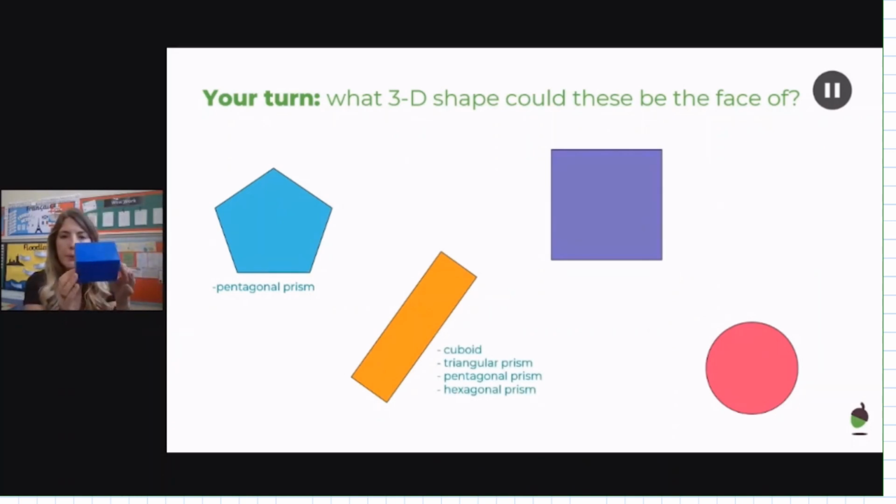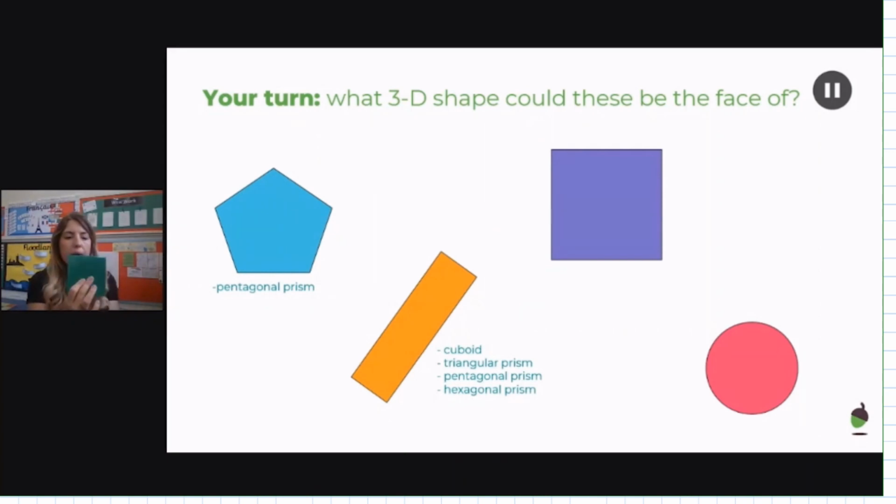Pentagonal prism as well. Then looking at the square, well, the first one that comes to mind is a cube, which is made up of all square faces, so cube definitely. Also a cuboid, 2 of the faces on a cuboid are square. And then I can also think about my triangular prism, which had a square face, could be that.